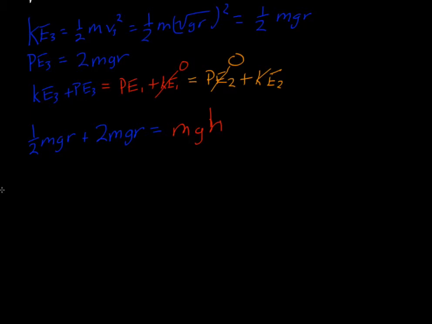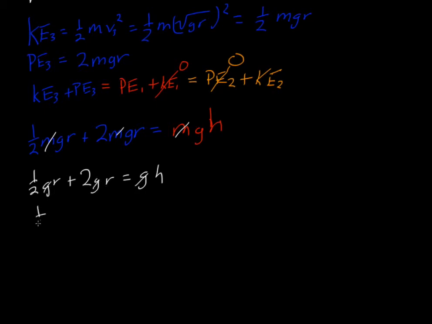Okay? Notice that every term has a mass in it, so our masses will all cancel out. And what you have left over is 1/2 gr plus 2 gr equals gh. Additionally, our g's will cancel.